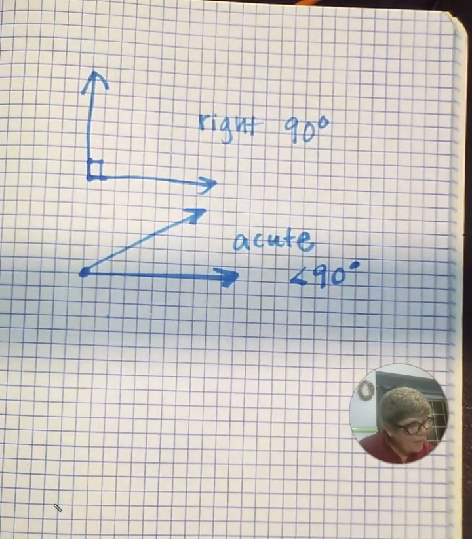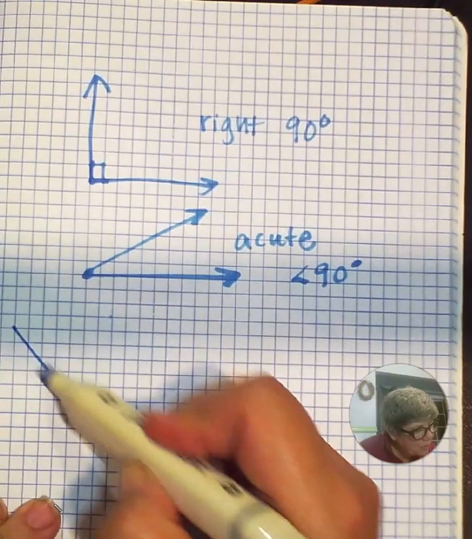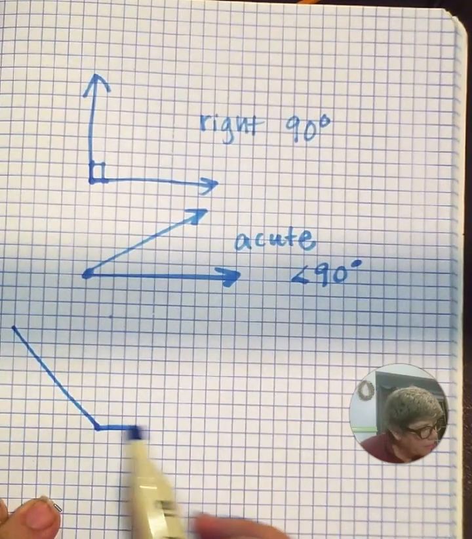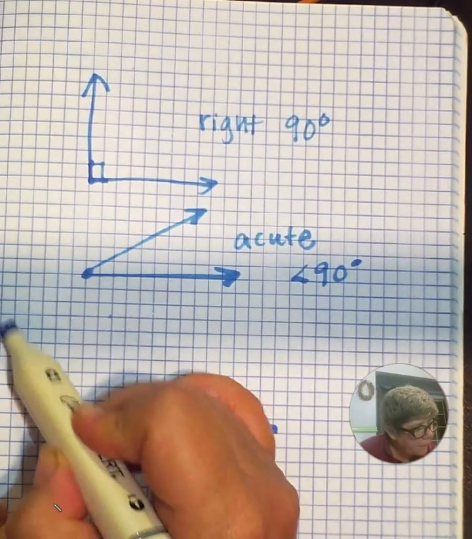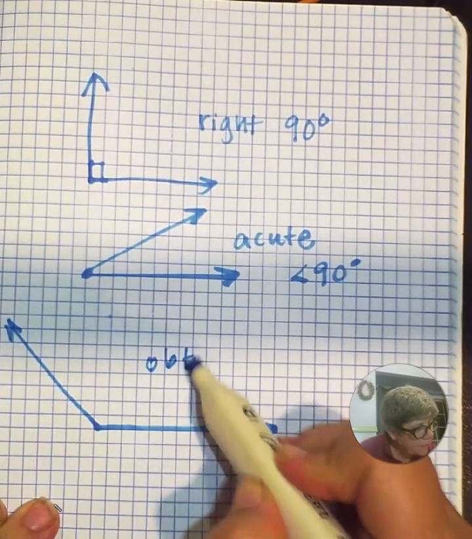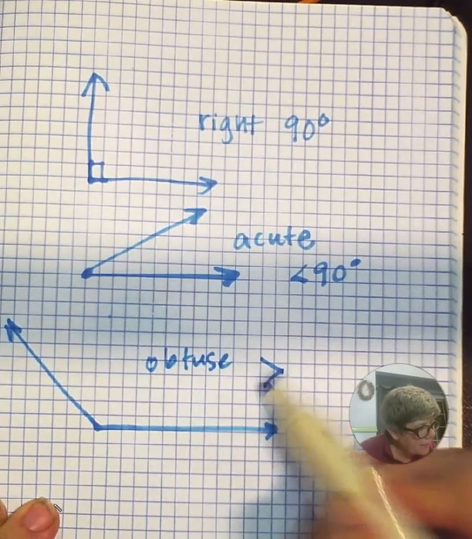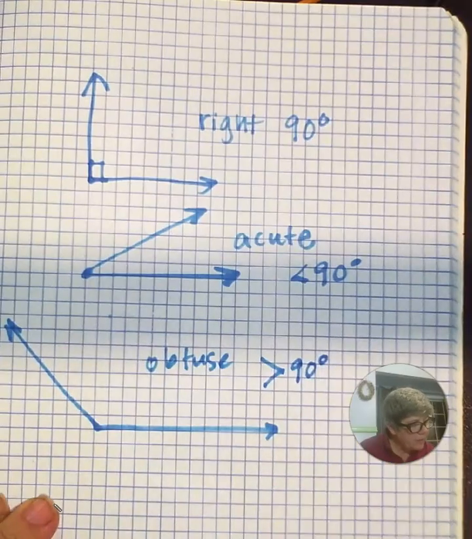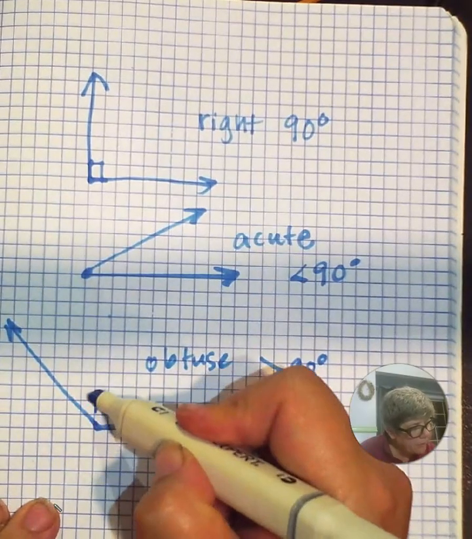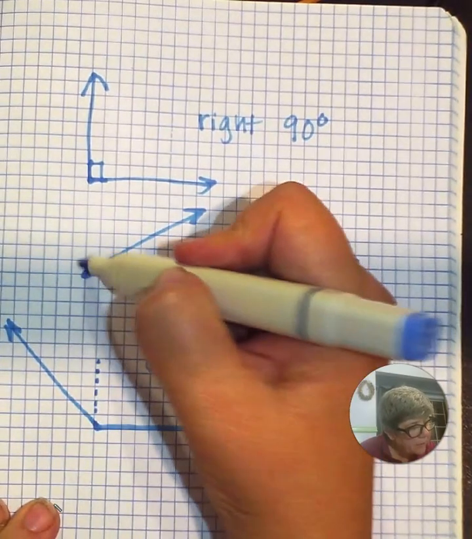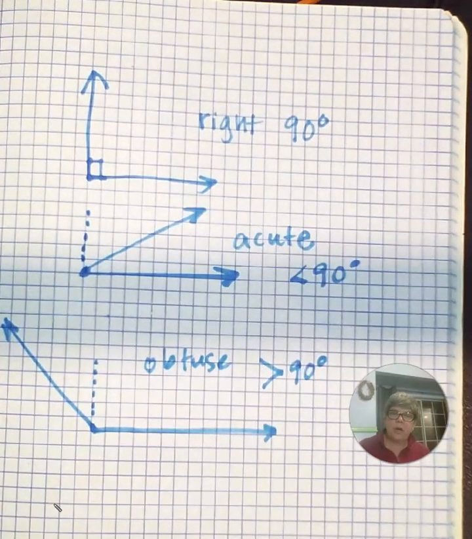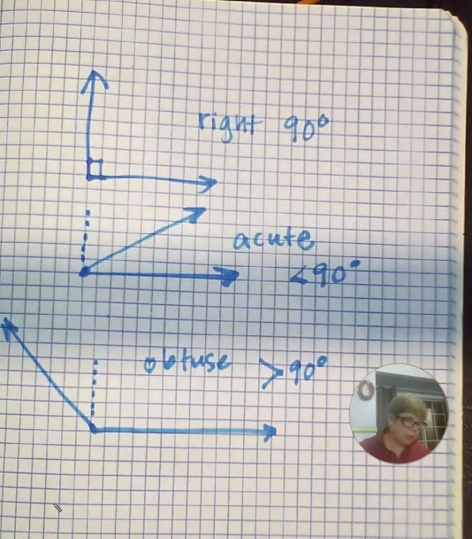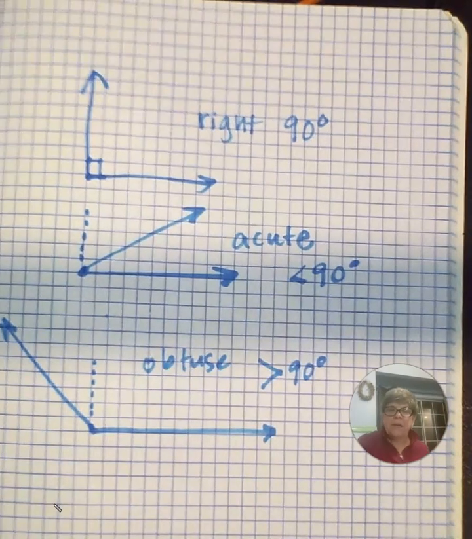Okay, then how about an obtuse angle? Obtuse angle, more than 90 degrees. Okay, so you would see that your 90 degrees would be right here, right? Where a horizontal line and a vertical line meet would be exactly 90 degrees, right?